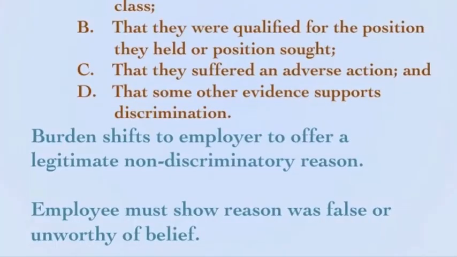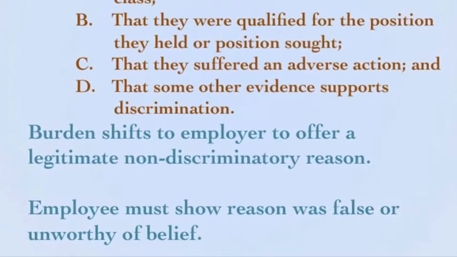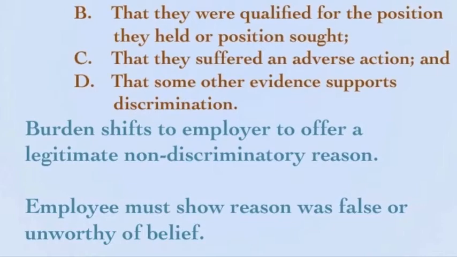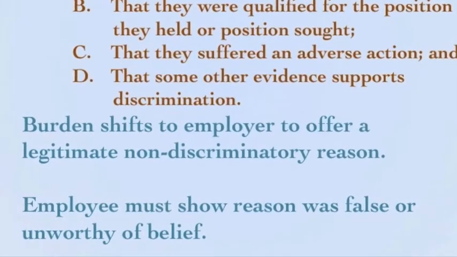So for example, if they're applying for a job and the person who is applying is female but a male gets the job, that would be an example of another piece of evidence that indicates that sex played a role in the decision.